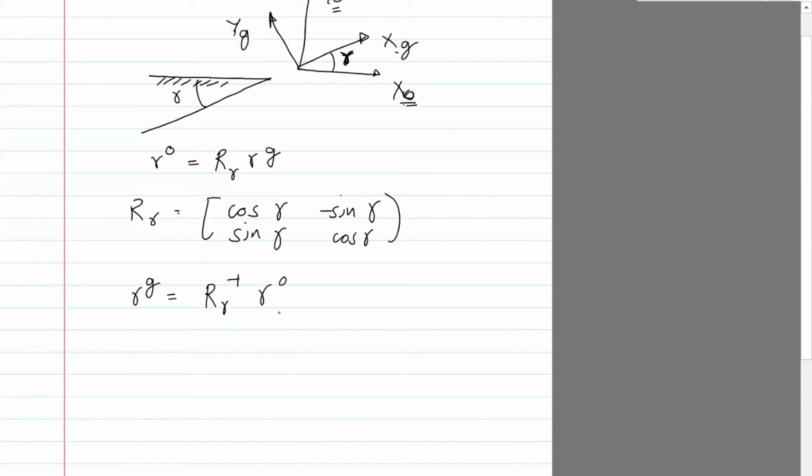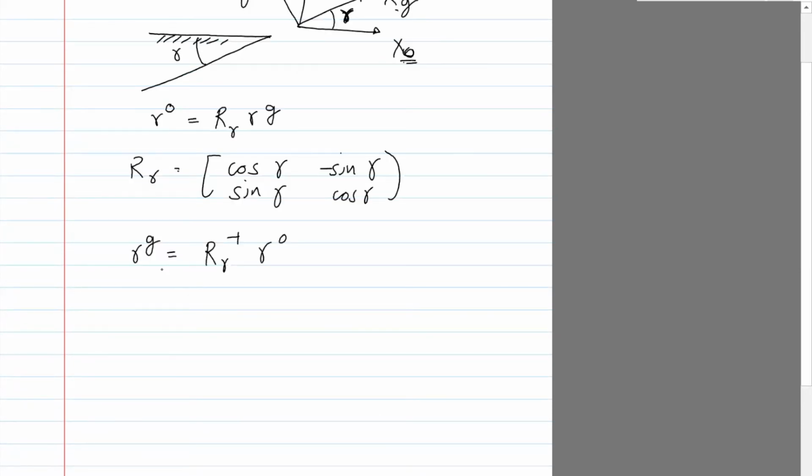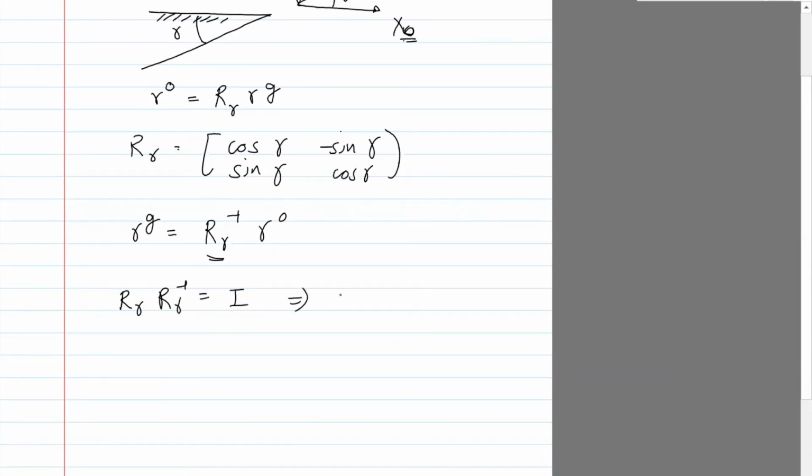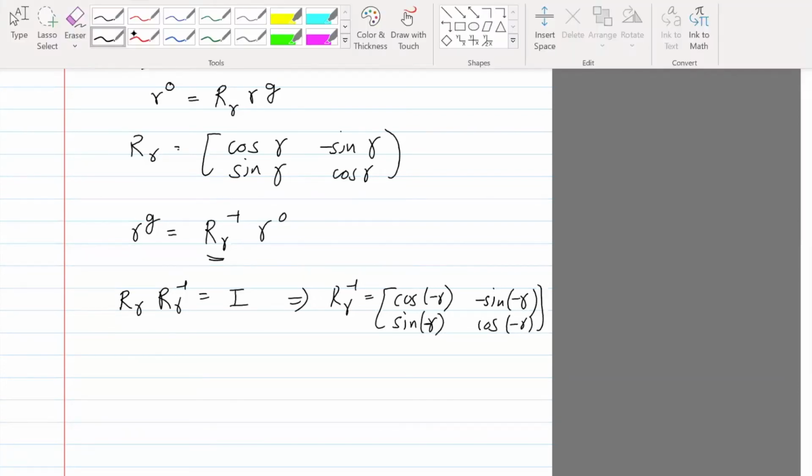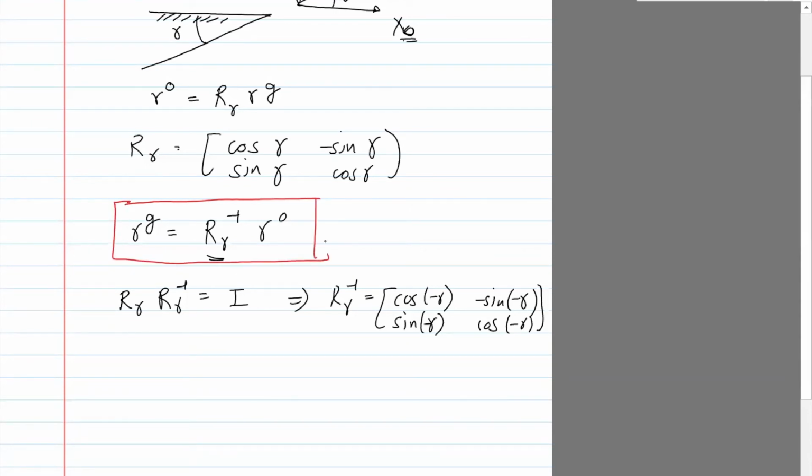There's a property that R of gamma inverse is equal to R of minus gamma. So R gamma inverse is cosine minus gamma, minus sine minus gamma, sine minus gamma, cosine minus gamma. I need this formula, which I'll be using in my derivation.